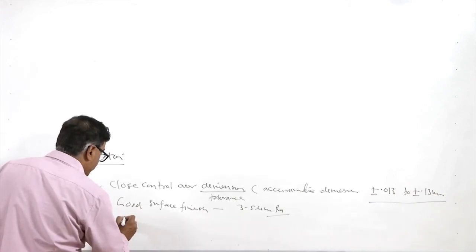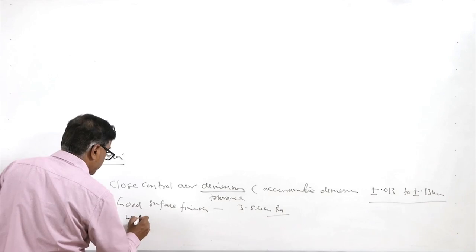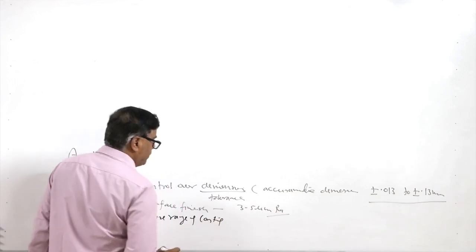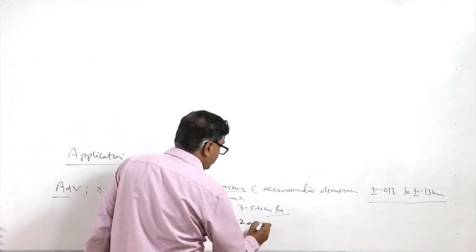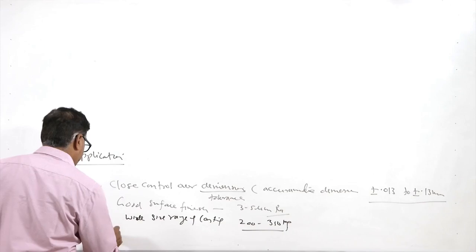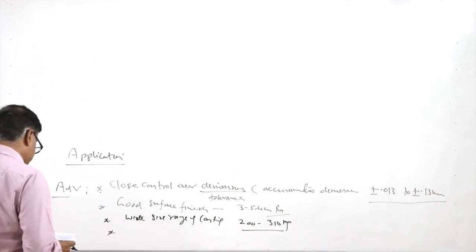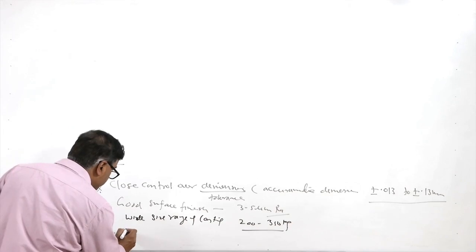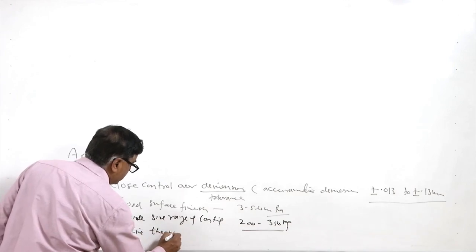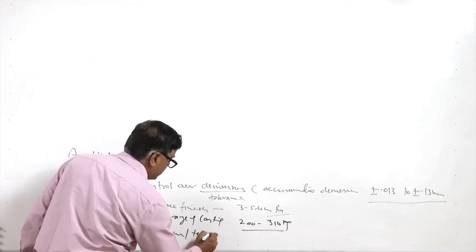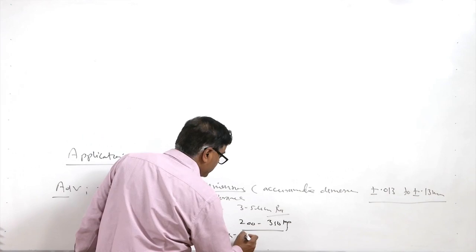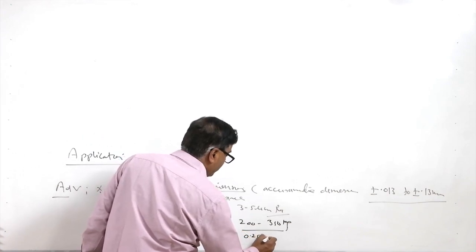Then, a wide size range of castings can be made using this, as high as 200 to 350 kg castings can also be made, and this process can be used for producing very fine or thin section features as low as 0.25 mm.